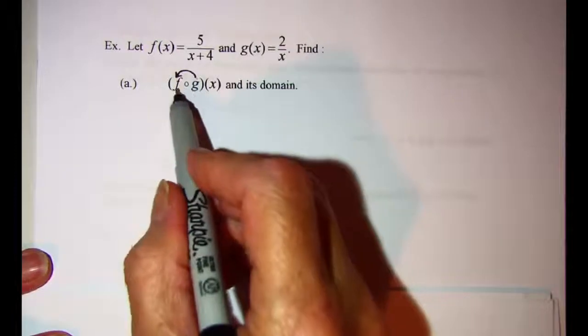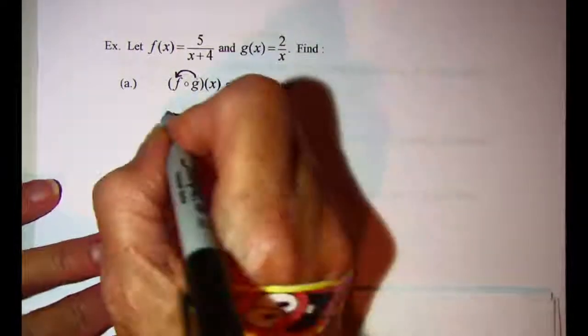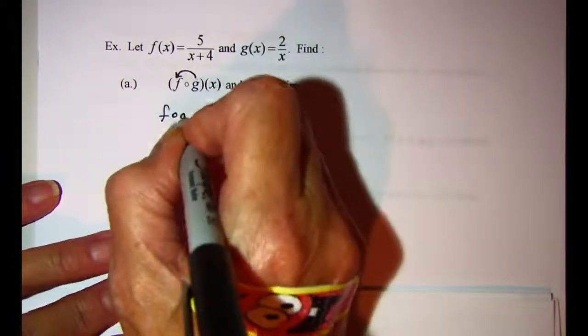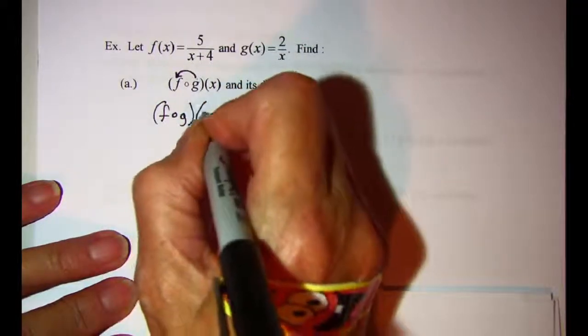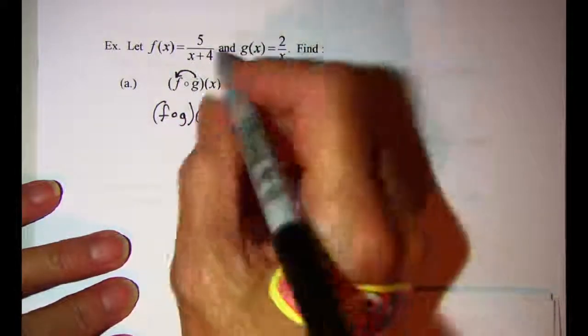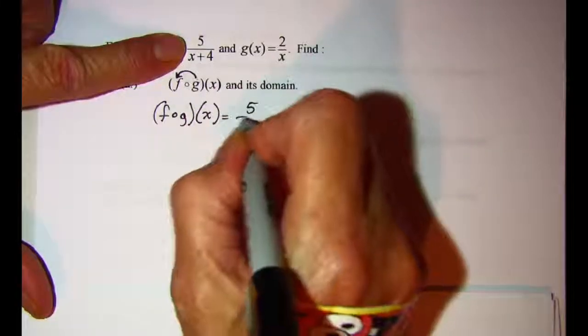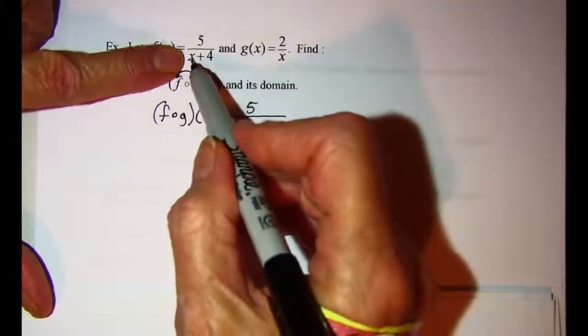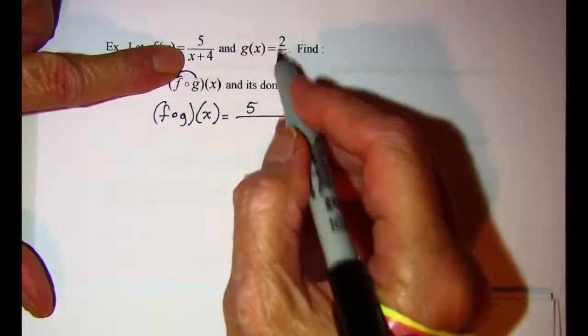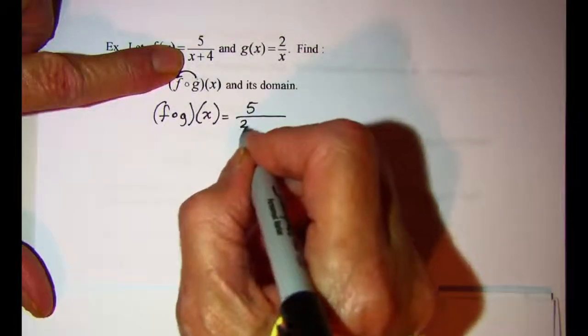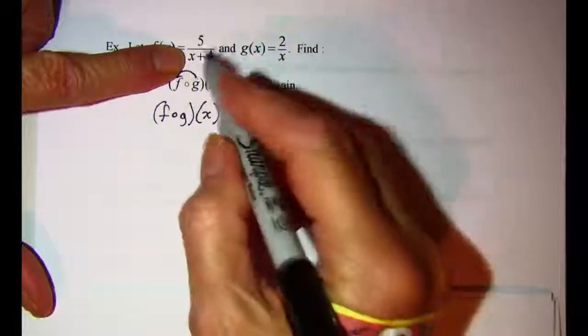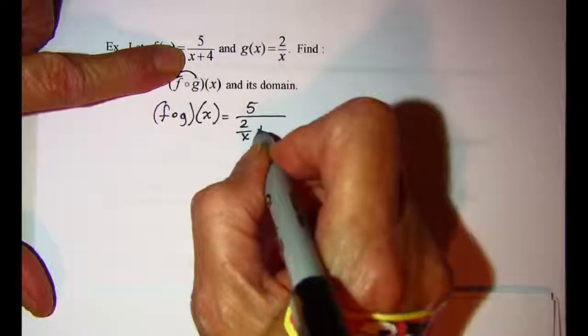So we'll start writing our f function. Our f function is 5 over, and then in place of x, we'll put our g function, and then continue writing our f.